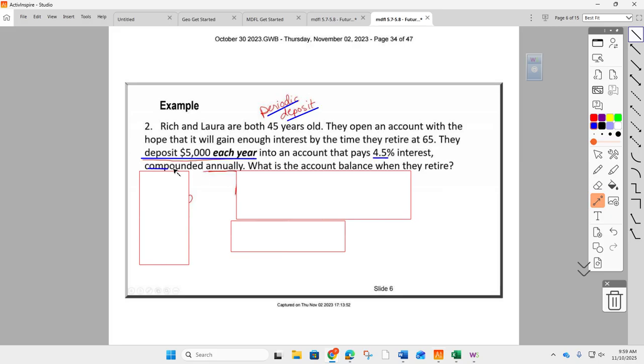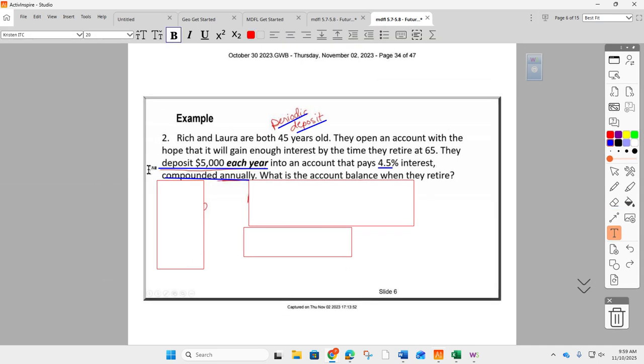So what's their N going to be? How many times will it compound each year? If it compounds annually, 1, right. Now, where's T? It is 20. How'd you know that, Layla? Very good.